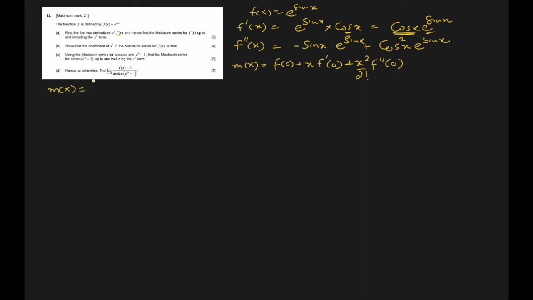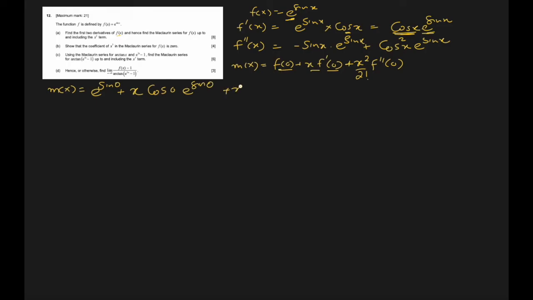f(x) will be f(0). So f(x) is already known to us, this one. So we'll write e to the power sine 0 plus x and f first derivative at 0, which is here. Cos 0 is 1, e to the power sine 0. Okay, done.